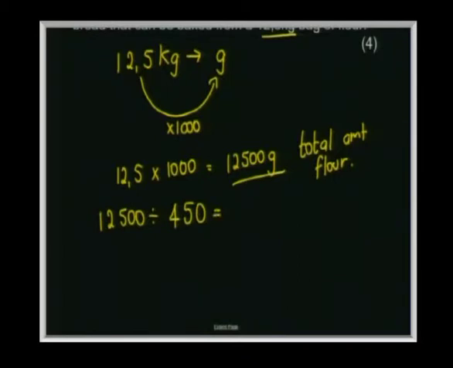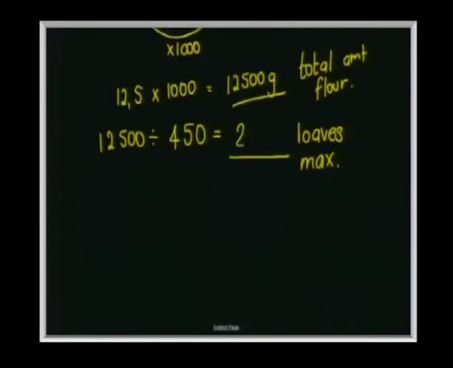And I should then get the total number of loaves, or the maximum number of loaves, because obviously I don't have to use all the flour at once. That's 27,777 loaves. Now, that's not really a sensible answer because we can't have a whole loaf of 27,777.